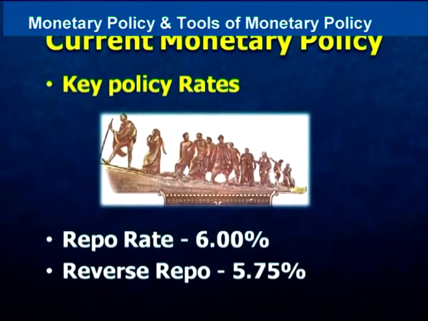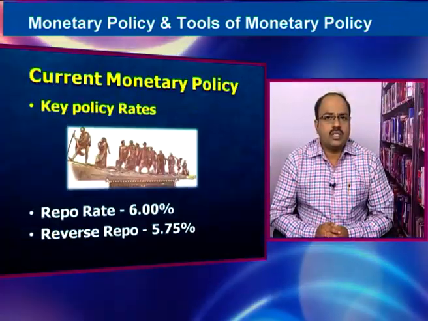Before going into the subject of how these qualitative and quantitative measures are used as a tool to control the key policy rates, in this class we will observe the current monetary policy rates.